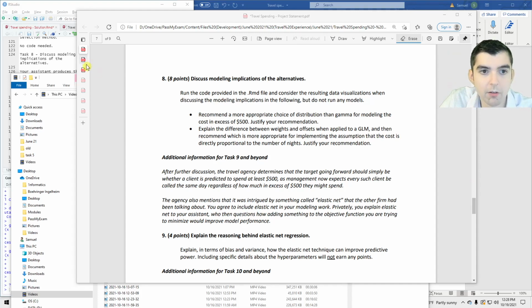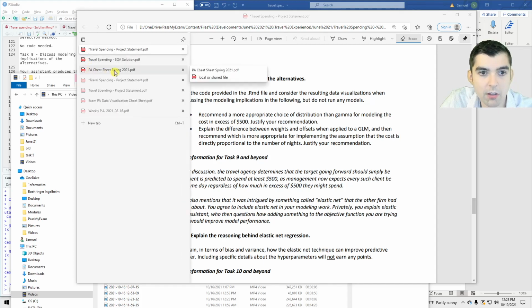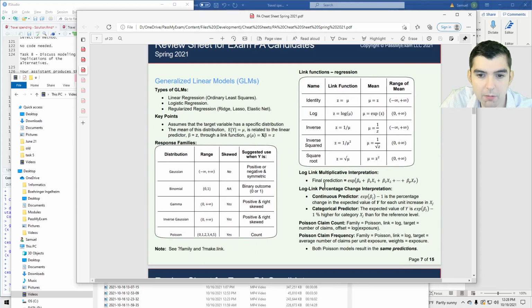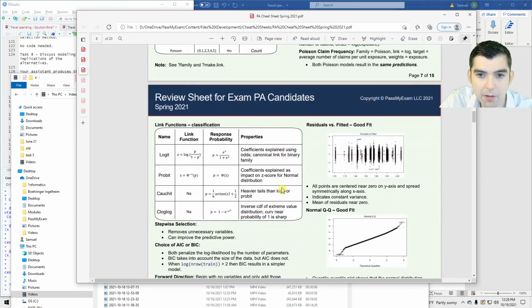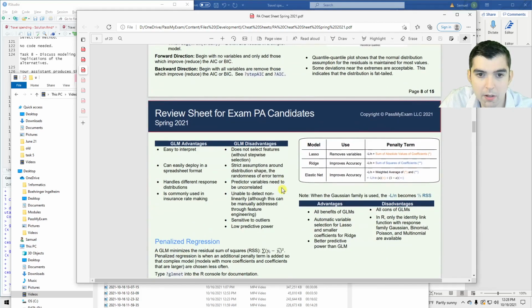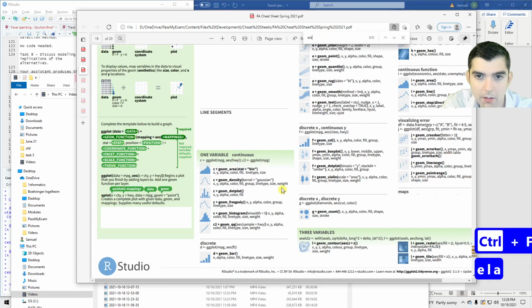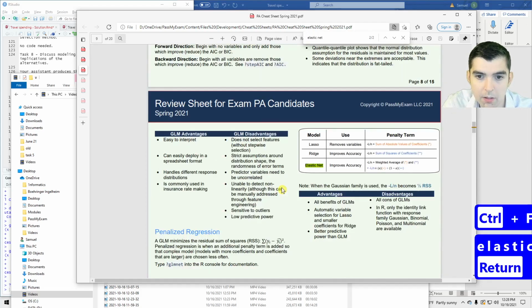All right, so we look at our cheat sheet and we look at generalized linear models, right? That's what we're still talking about. And that's a form of penalized regression.